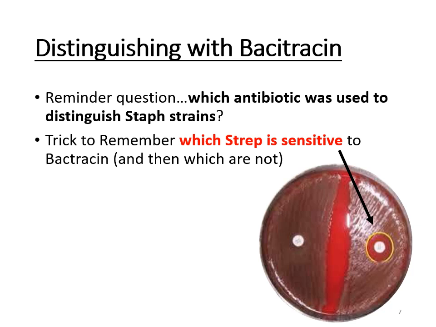Now, there's a trick to remember which of the three strep that we're dealing with today is sensitive to Bacitracin. The other two are not. The way to remember which one is sensitive is to say Bacitracin eats pie, okay? If anyone likes pie, whether it's apple pie or banana pie, whatever it is, you remember based on that little trick, because Bacitracin will kill or chew up on the plate, as you see here, Strep pyogenes, okay?